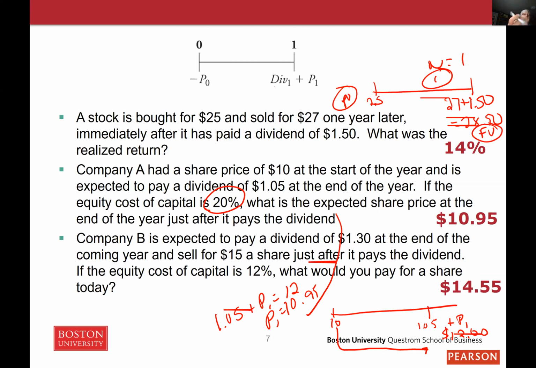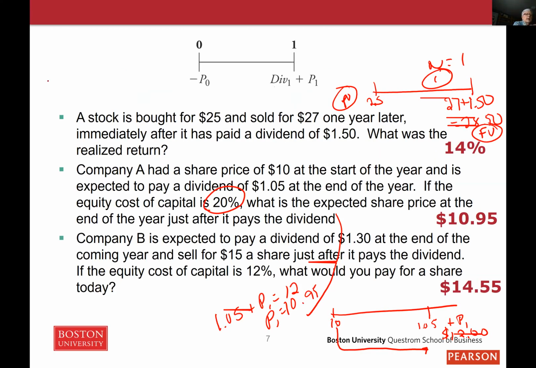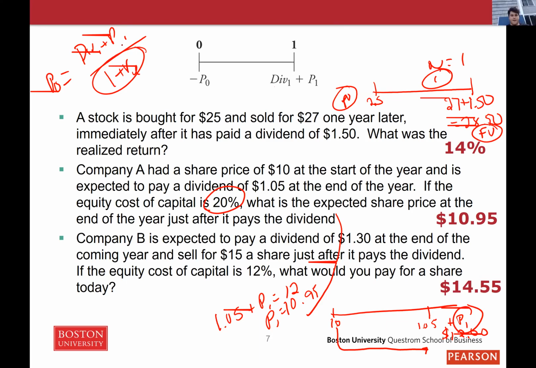What the formula does is it says that price at time 0 equals dividend 1 plus price 1 over 1 plus RE. So that's what we're doing. If you're going to solve for P1, the way you're going to end up solving for P1 is by multiplying both sides by that. So when I multiplied 10 by 1.2 and said 12 equals dividend plus P1, that's using that formula. Got it. Thank you. Makes sense? Totally.